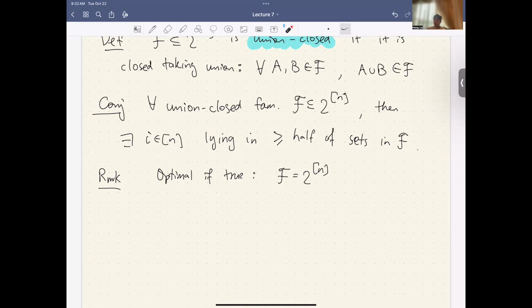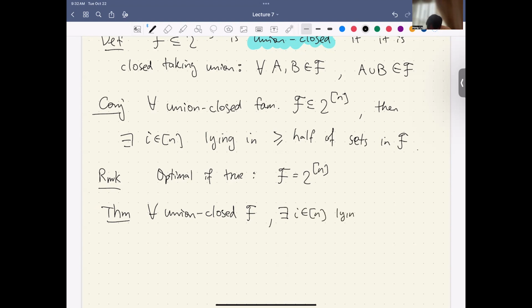So there exists a popular element lying in slightly more than 1/3 of the sets in F. So, theorem: for any union closed F there exists i lying in at least (3 minus square root 5)/2, let me call this guy phi, which is roughly 0.38, proportion of sets in F.